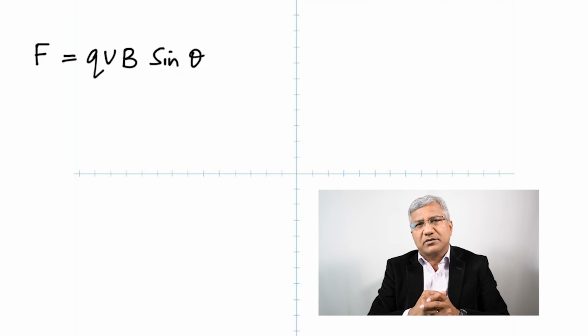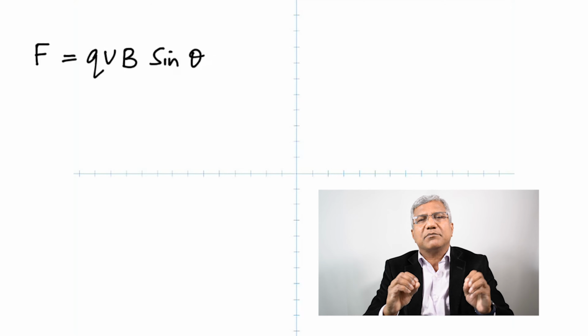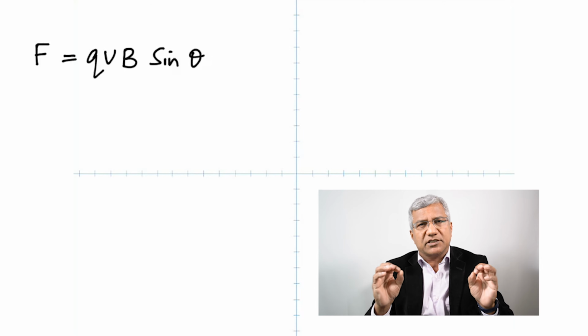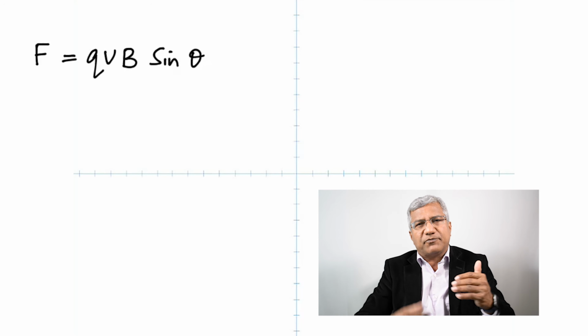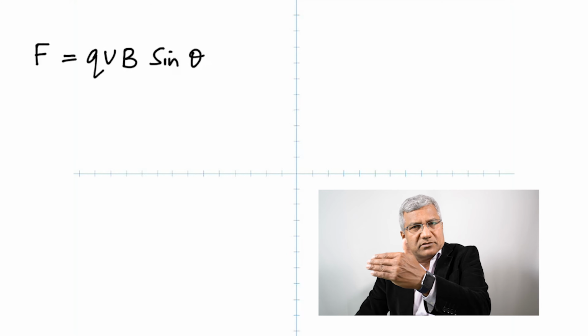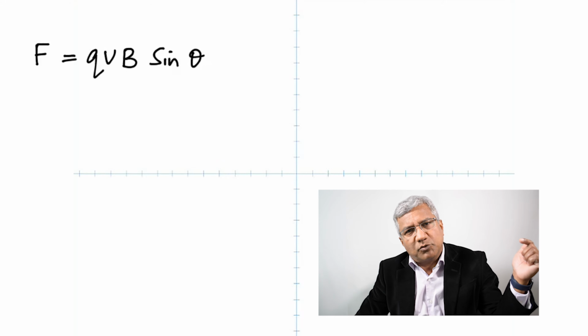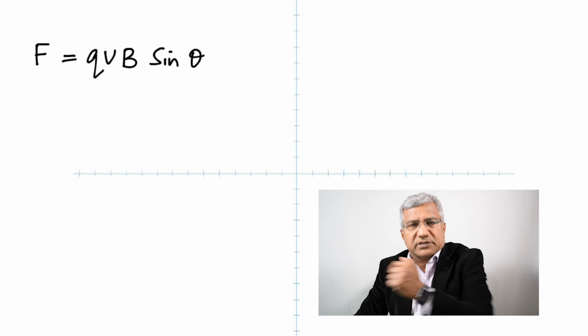Let's give it some thought. So first of all, let's imagine it's a positively charged particle. And let's say that the magnetic field is set up from my left to my right, that way. And the particle is also moving from left to right.